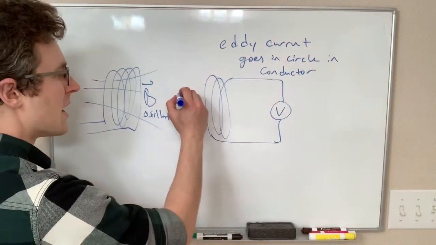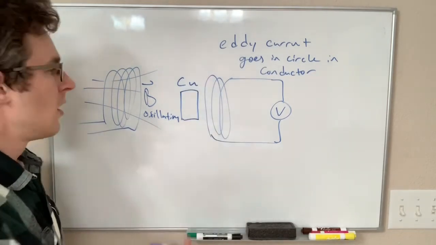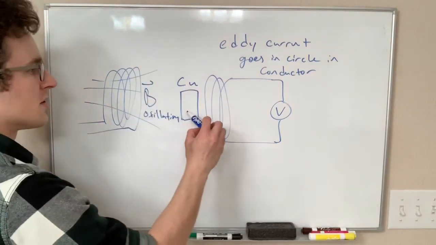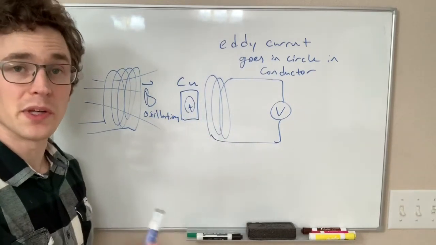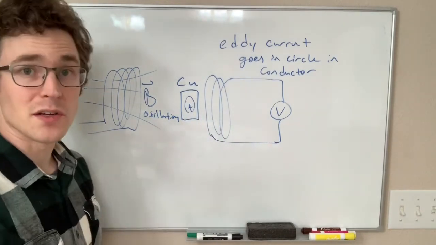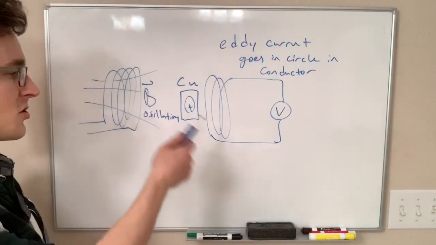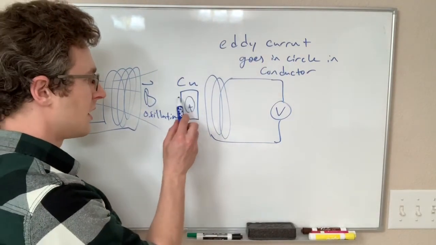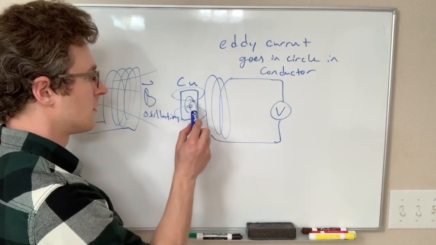If there's a piece of metal in here, copper or whatever, this oscillating magnetic field is going to induce eddy currents in that copper. You're going to get currents flowing in that copper. Those currents are going to make their own magnetic field, right? Lenz's law, they're going to oppose this change in magnetic field. So this thing's going to make its own little magnetic field because of the current, right?